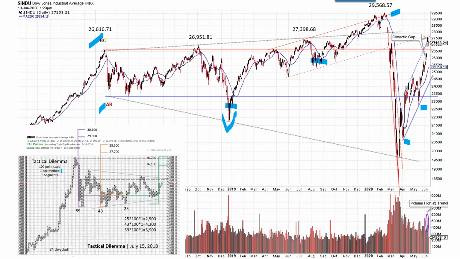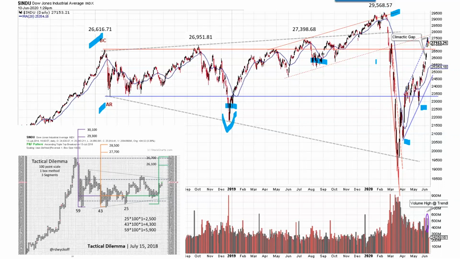Then we have the second count, which goes 27.7. Well, this count goes up to the broadening trend line here. So this count becomes very close to the second segment. The third segment, 29,300, is fulfilled when the Dow goes to 29,568.